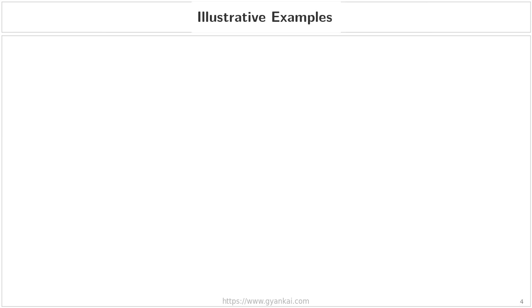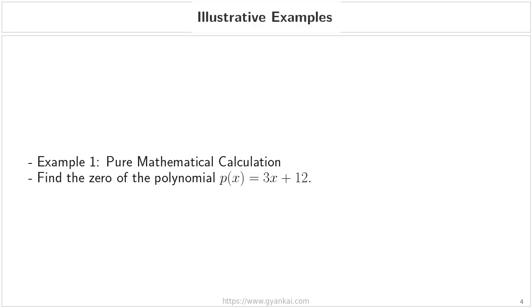Illustrative examples. Now that we have understood the theory and the formula behind finding the zero of a linear polynomial, let's put it into practice with our first example. This is a pure mathematical calculation to help you get comfortable with the steps. Suppose we are given the polynomial p of x equals 3x plus 12.